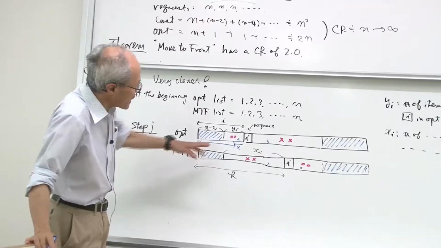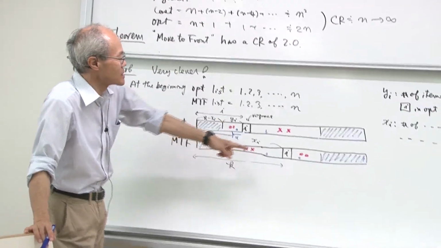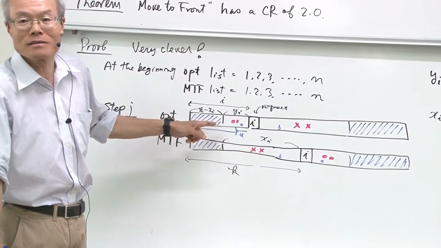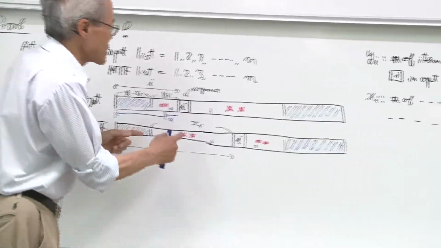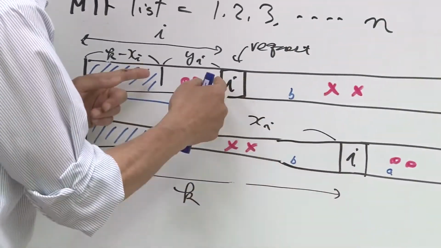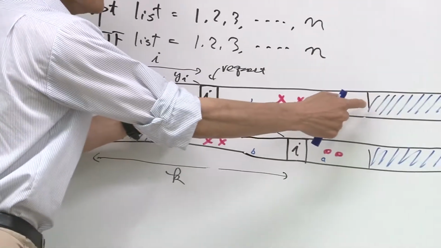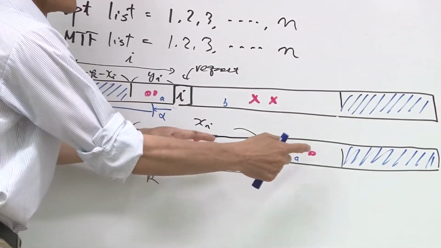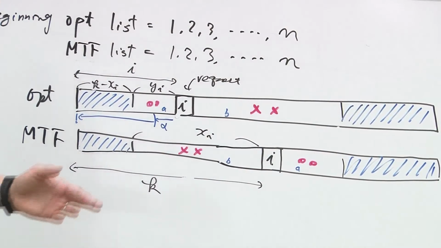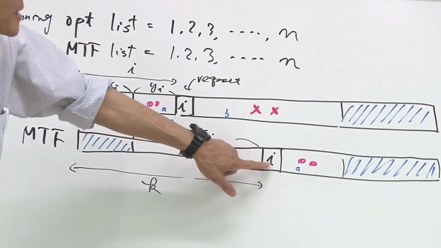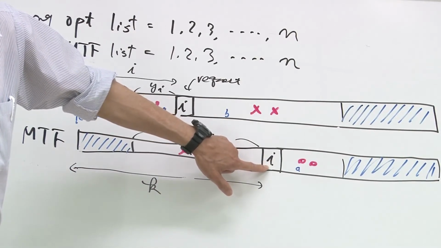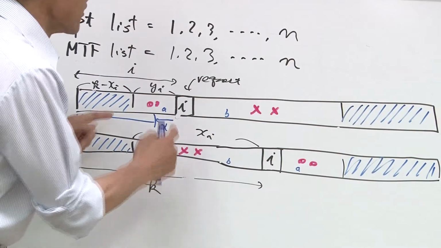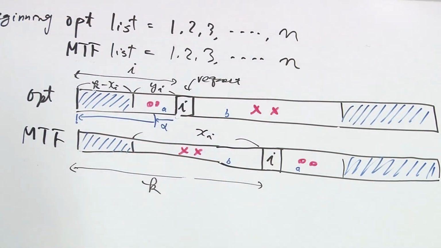At step j, of course, the difference is xi plus yi. So xi is before I, and xi is after I, and yi is before I, and yi is after I. So the number of different pairs including I is of course the sum of this number and this number.